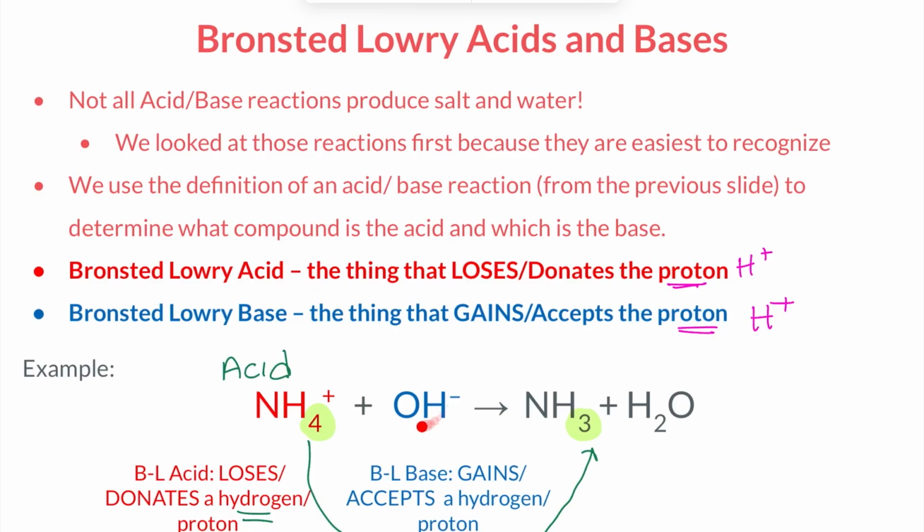This OH, now looking at that, well, 1 oxygen and 1 hydrogen. Now we're going from 1 hydrogen to 2 hydrogens. The gaining of a hydrogen means that that hydroxide is a base. And so again, the acid and base are always your reactants. We're just looking at how that is going to be changing. Is it gaining a proton, or is it donating or losing a proton?